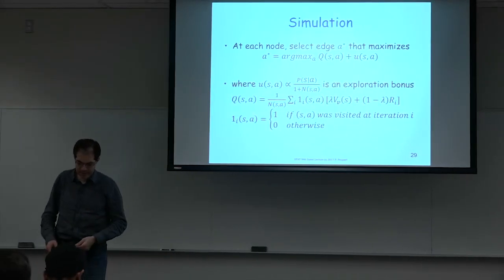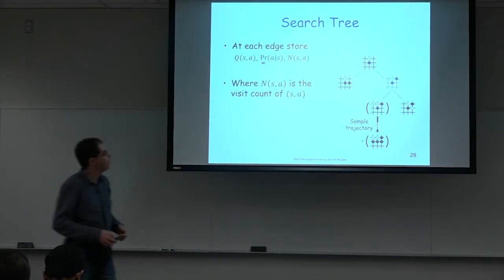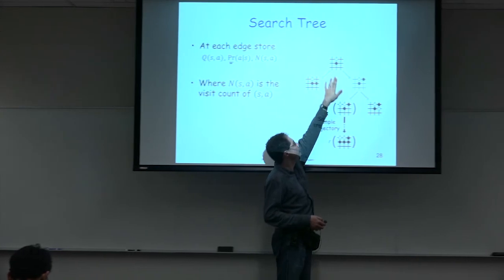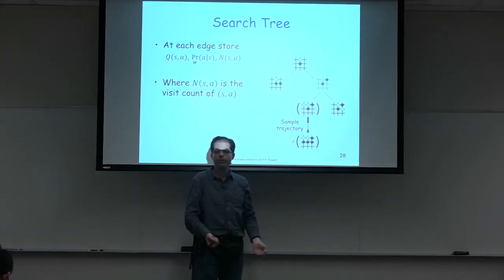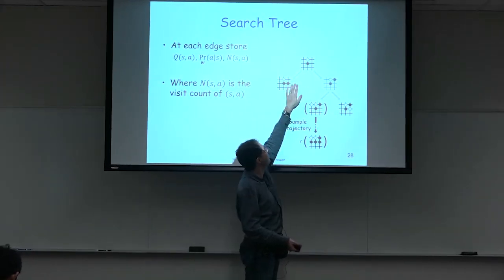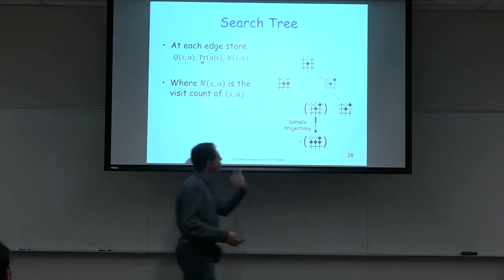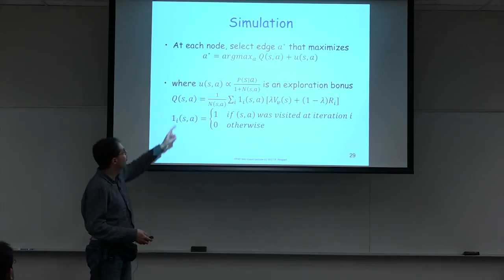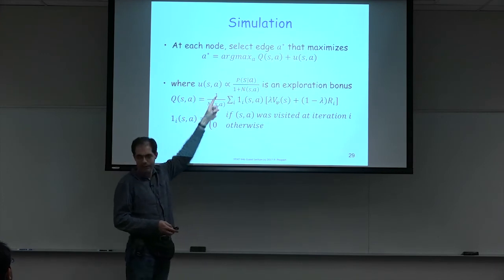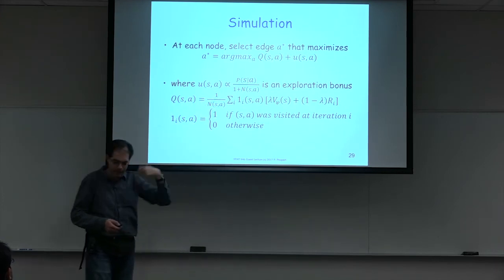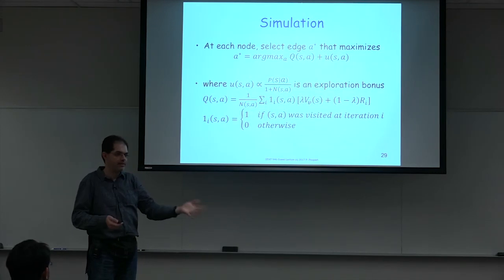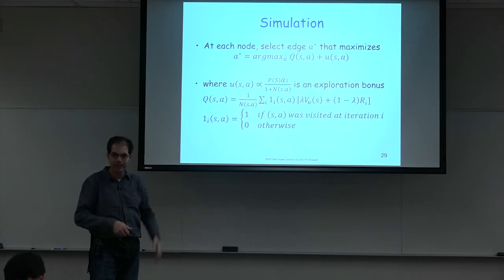So what this means is that we're going to start, right, in a certain board configuration. Then we need to choose an action. So let's say that we consider those two possible actions. So we're going to select one of those two according to the formula up there. And then if it is an action that we've chosen in the past, then it's simple. We simply go down that branch.